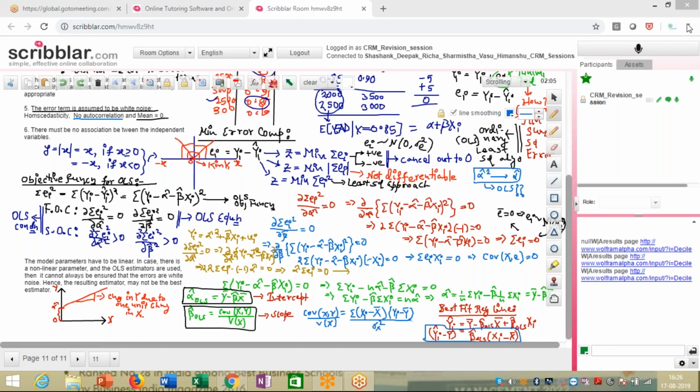Then the next stage would be to extend it to the challenges of this model, where we'll talk about multicollinearity, heteroscedasticity, autocorrelation, and the statistical tests and ways of testing these issues, right?